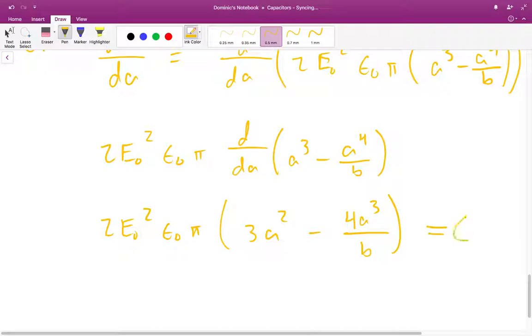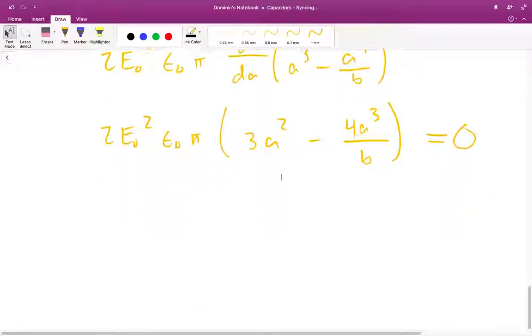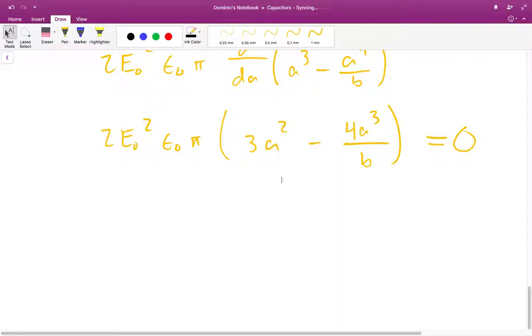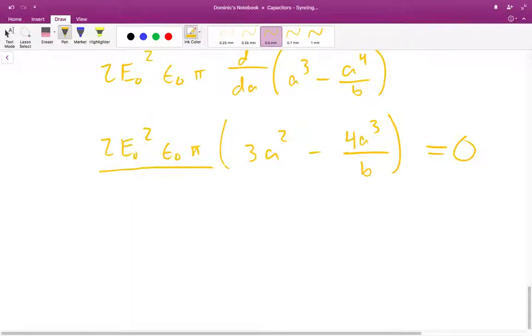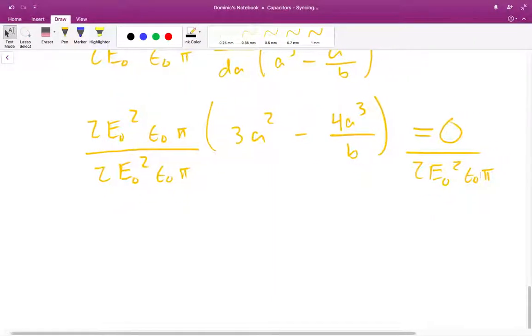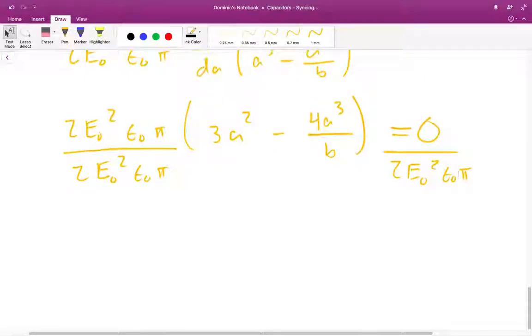Okay, so I took the derivative, and now I want to set this equal to 0, and then solve for a. I want to get a all by itself. First thing I'm going to do is divide both sides of the equation by 2 e naught squared epsilon naught pi, and that just gets rid of it. 0 divided by anything, or 0 times anything, is still 0.